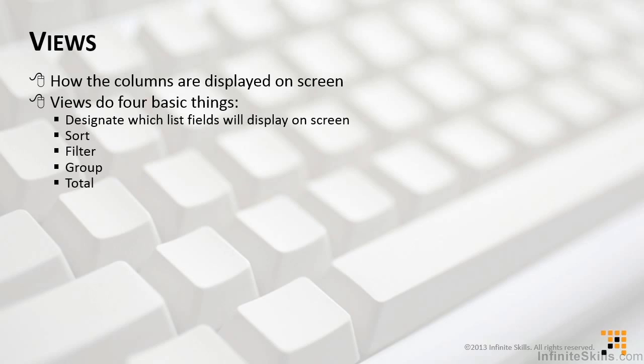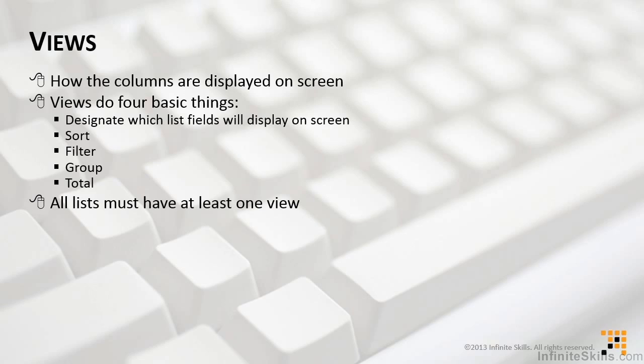Views do 4 basic things. And again, this is a simplification, but most people want to know about these things. Number 1, they designate which list fields or columns will display on screen, because we're not always going to see all of the columns when we first open the list. As far as useful things go, views also sort, filter, group, and total our data.